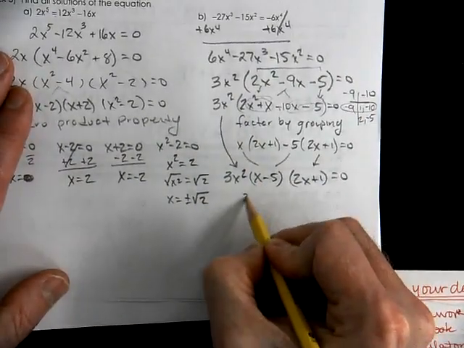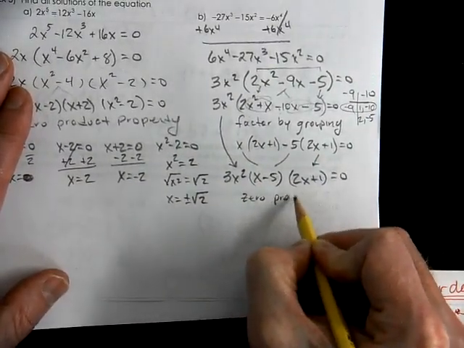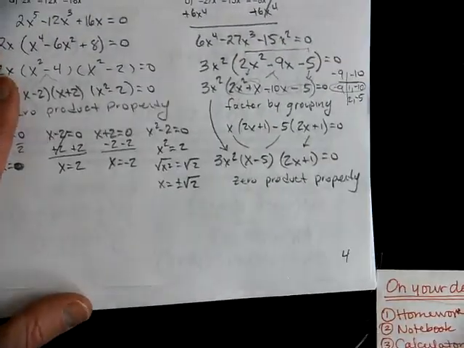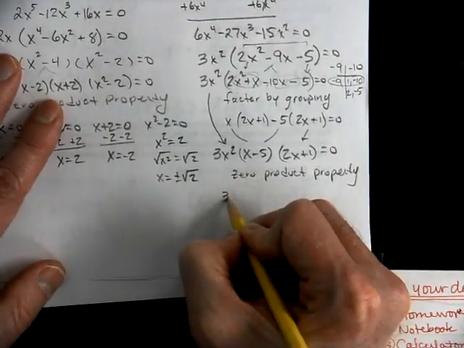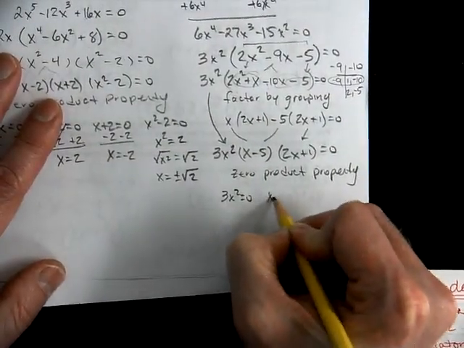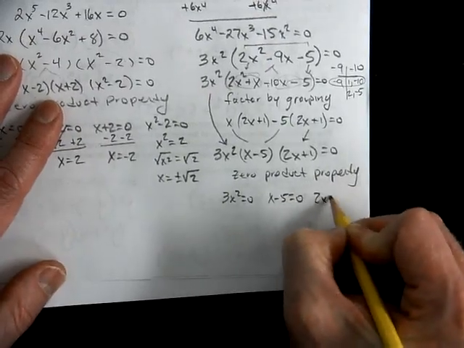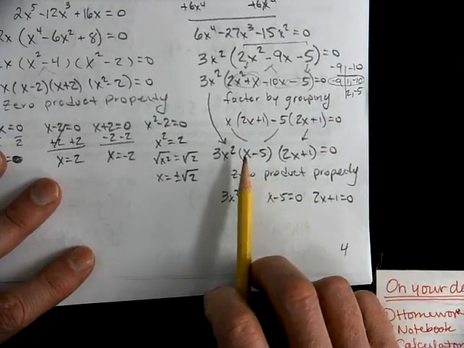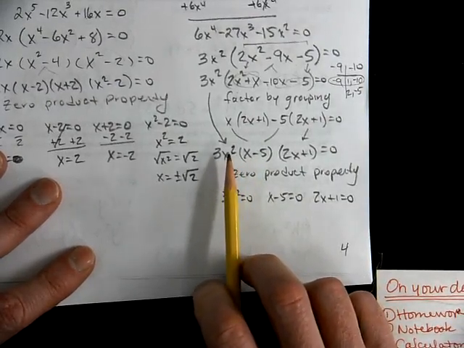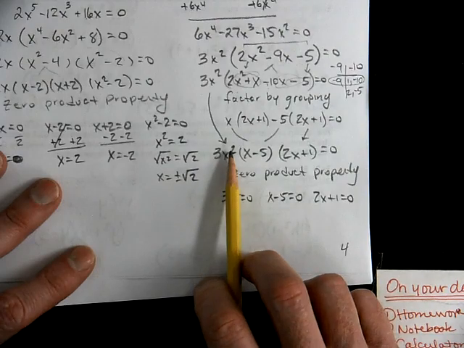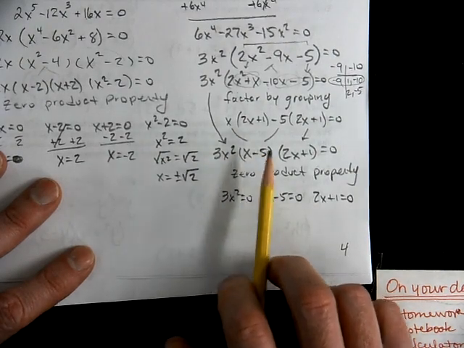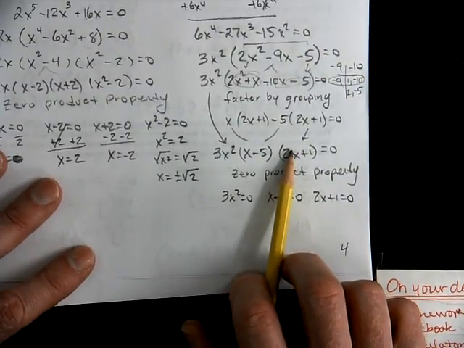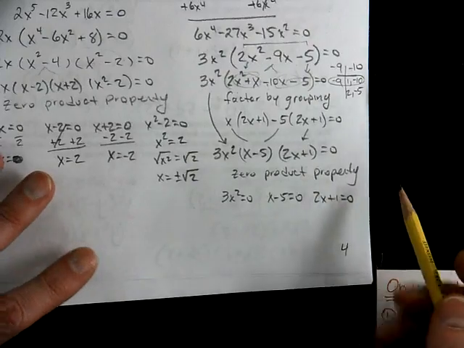So here we're going to do our zero product property. We have 3x squared equals 0, x minus 5 equals 0, or 2x plus 1 equals 0. The zero product property tells us that either this term or the middle term or the last term, one of these has to multiply to be 0 if it's going to have a product of 0.